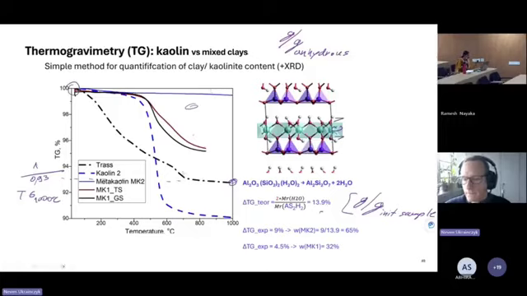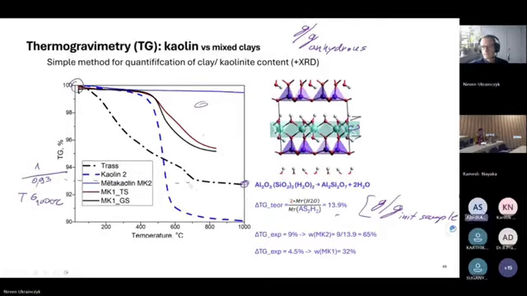Yeah, maybe here. Usually if it's calcium carbonate, the mass loss will be around 800. But you also have amorphous calcium carbonate, especially from the hydration carbonation. So it will be lower, 700.